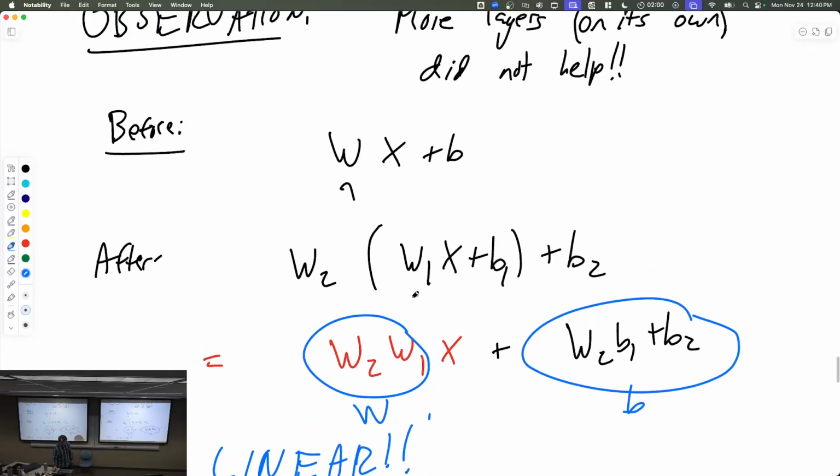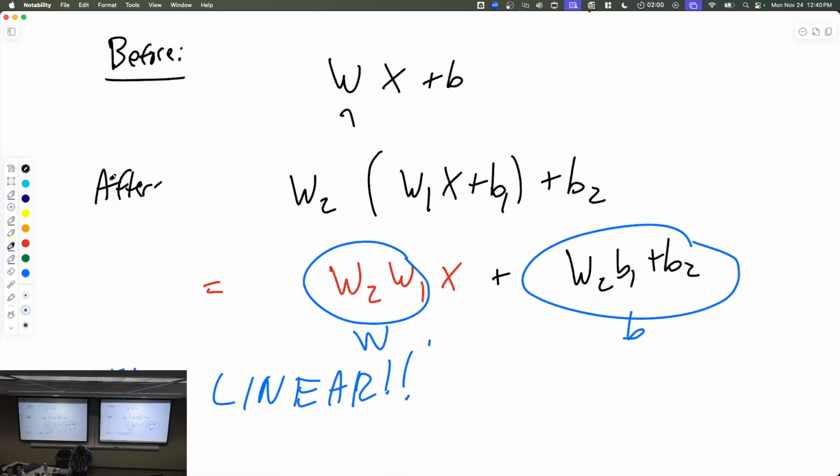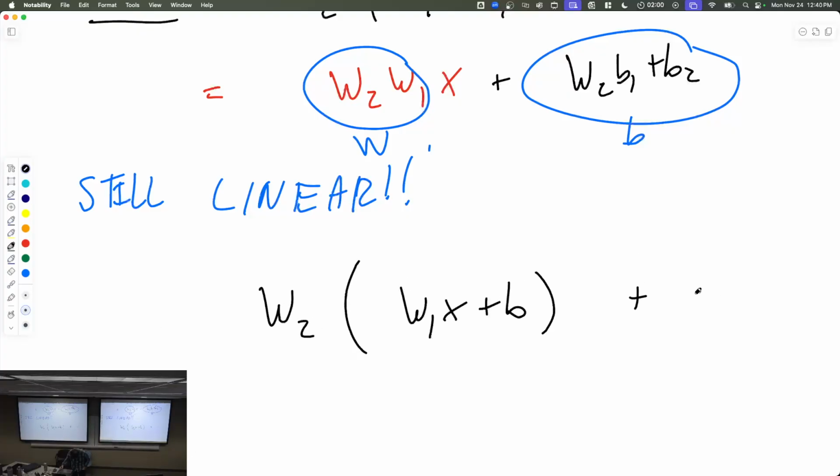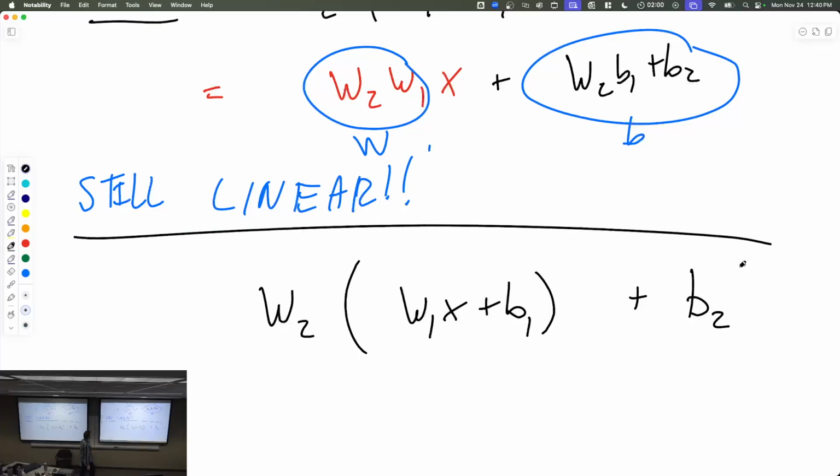And all we have to do is, so this was the after, but let me actually just write a new one because I think this will get confusing. So we have W2 times W1 plus B plus B2. This is what we're kind of doing. And the problem is the W2 and the W1, they just multiply each other.